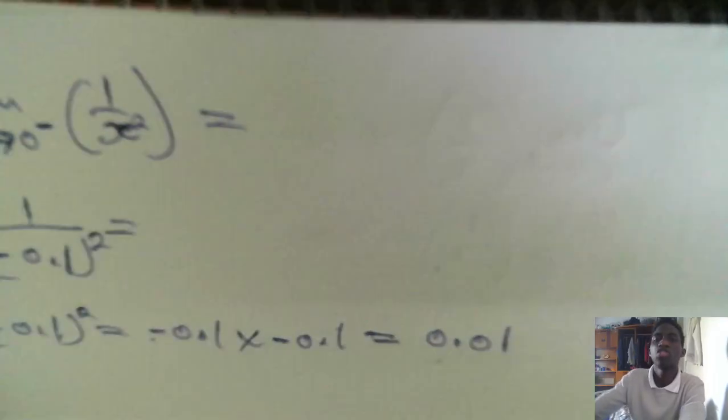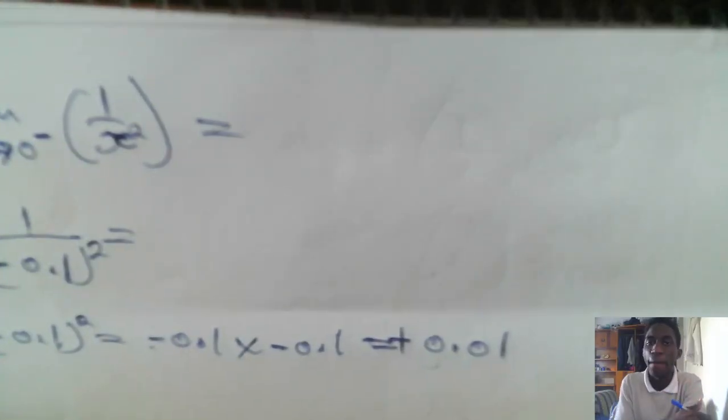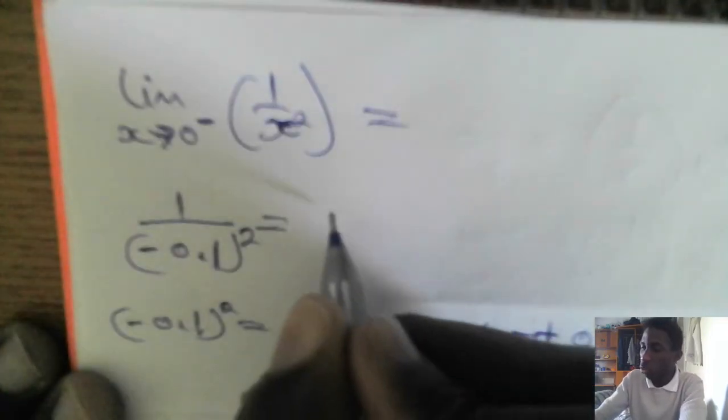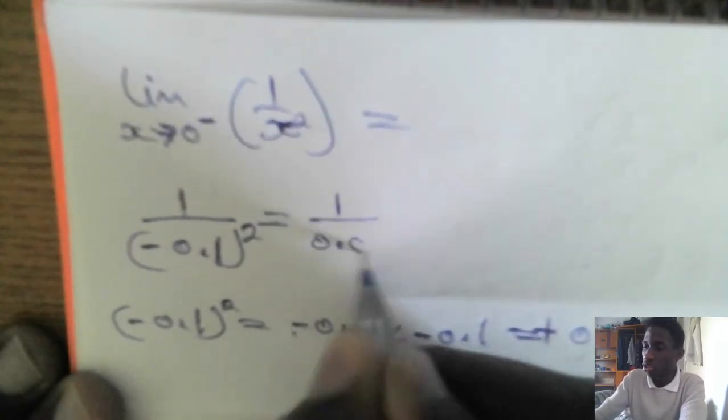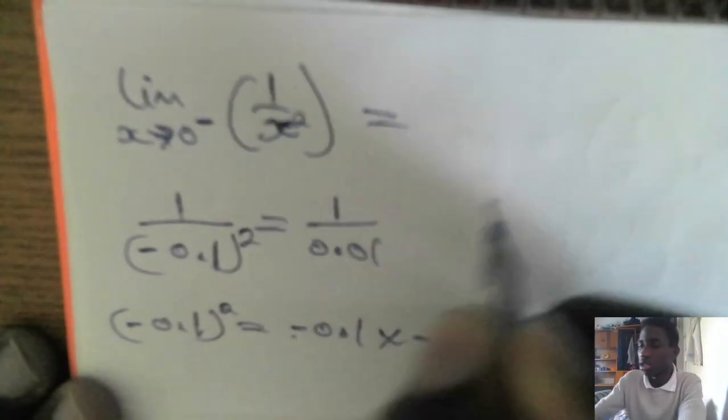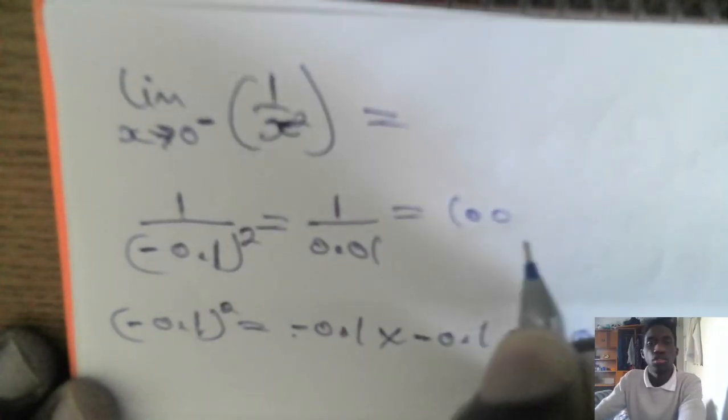So 0.1 times 0.1 is 0.01. So you get positive 0.01, and we see that this means that we have 1 over 0.01, which is 100.